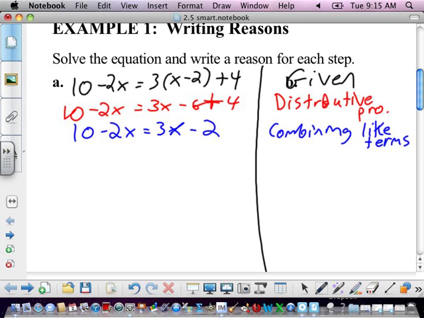Okay. What should I do next? Anybody? So we're going to move what to what? We're going to move the negative 2. Instead of minusing it, we're going to add it. So this is just the addition property.